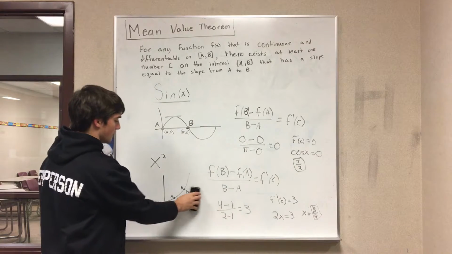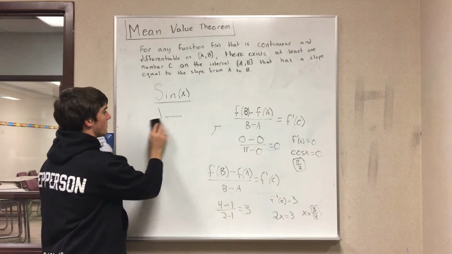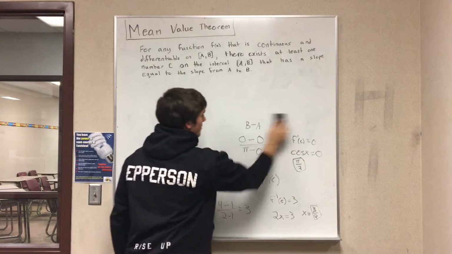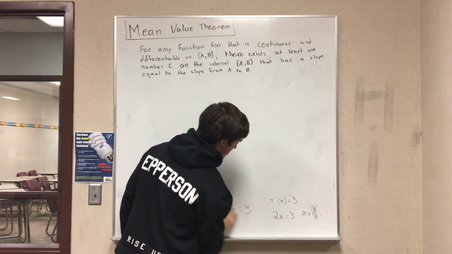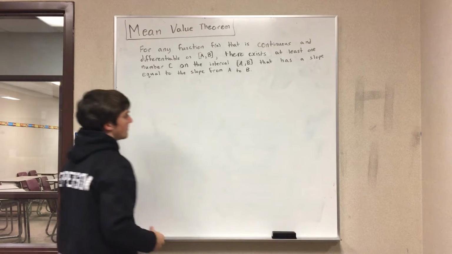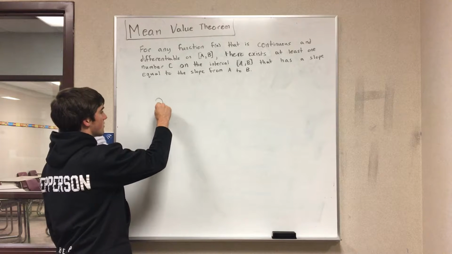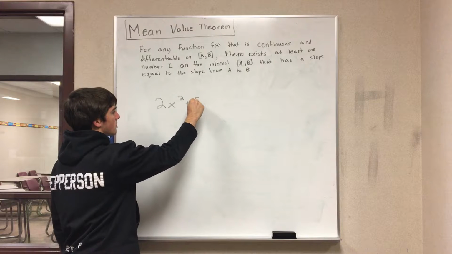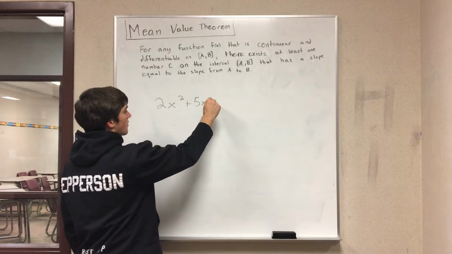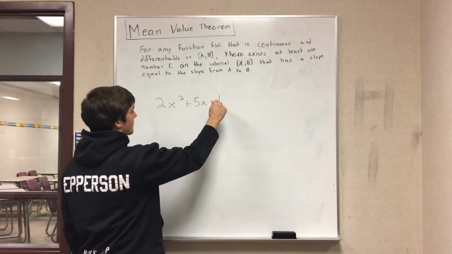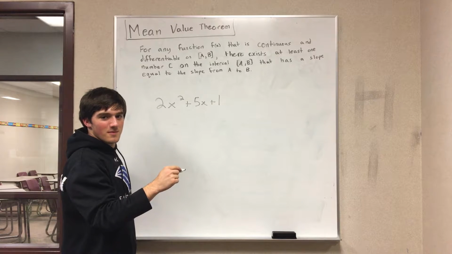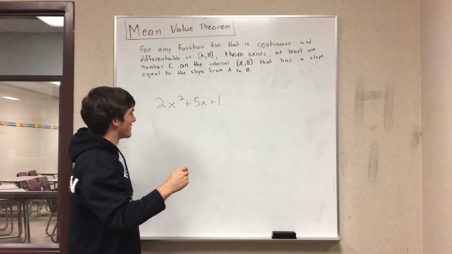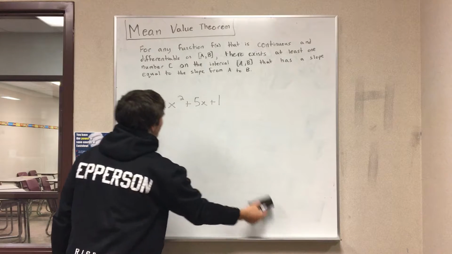Now, I will give you an example to try at home, which is going to be 2x squared minus 5x plus 1.